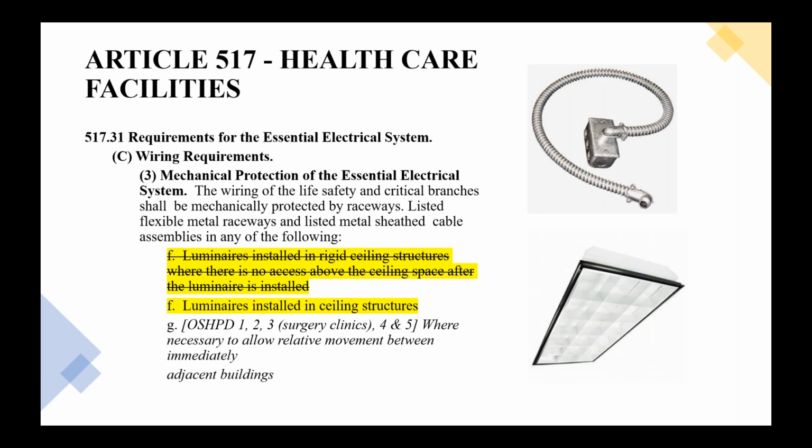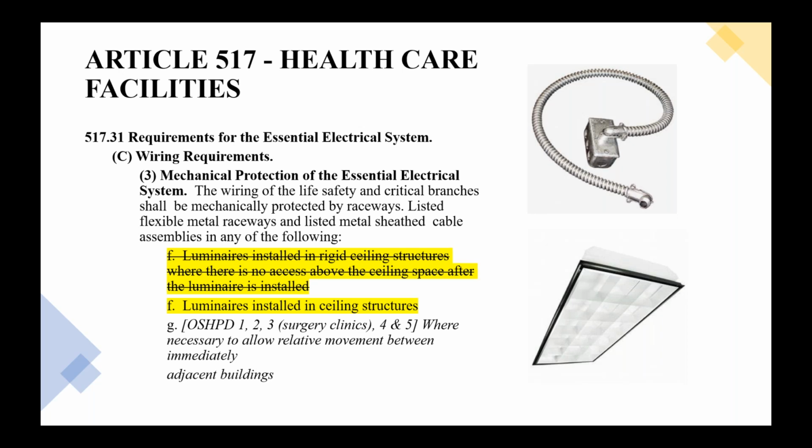517.31(C) talks about mechanical protection of the essential electrical system and states that the wiring of the life safety and critical branches shall be mechanically protected by raceways. Listed flexible metal raceways and listed metal sheath cable assemblies shall be acceptable in a number of instances.